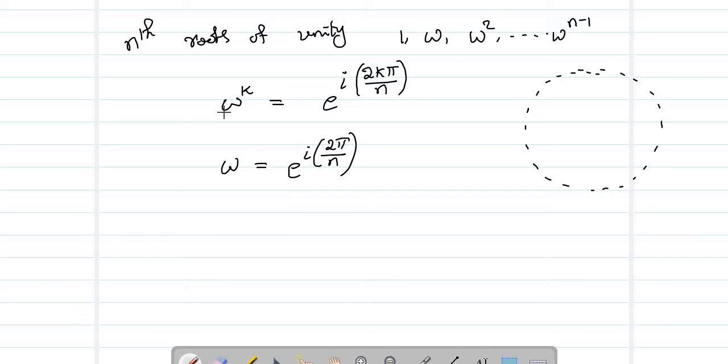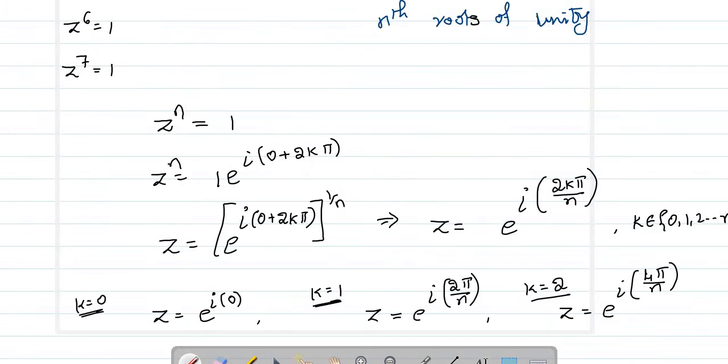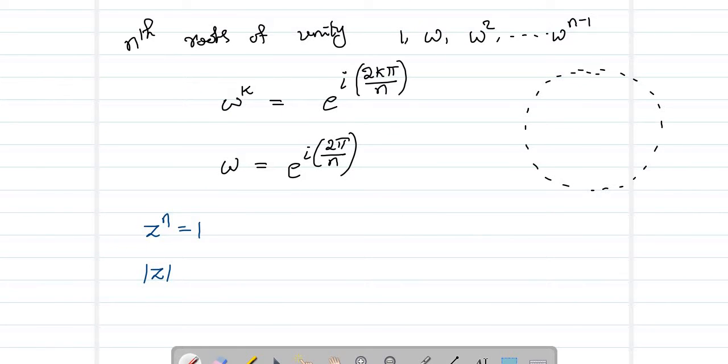See, we know that these are all solutions of the equation z power n equal to 1. Now let me take the absolute value on both sides. So mod of z power n is the same as 1, and we know that modulus of z1 into z2 is the same as mod z1 into mod z2.